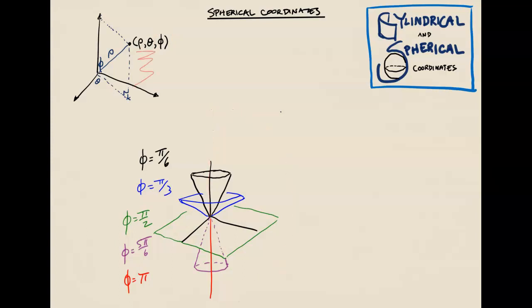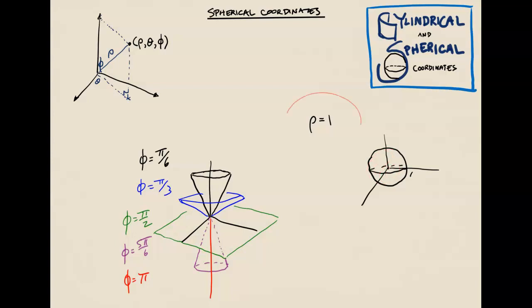If you allow rho and theta to roam through their usual ranges, and then just let phi go from 0 to pi, you get the entirety of R3. Anyway, you can see from this little game that one set of shapes that is easily described with spherical coordinates are cones, and another set of figures that are easily described are, not surprisingly, spheres. For example, the graph of rho equals 1 is just the sphere with radius 1, because a point is on this sphere if and only if it's 1 unit from the origin.